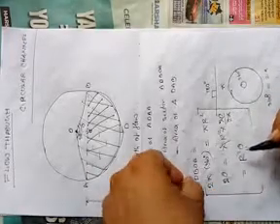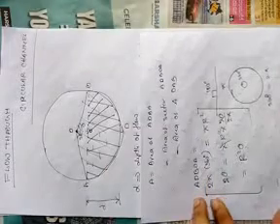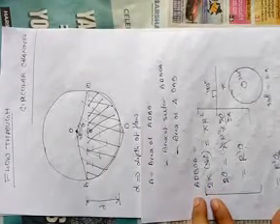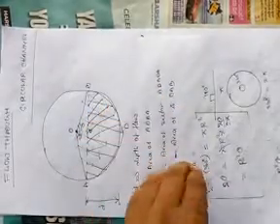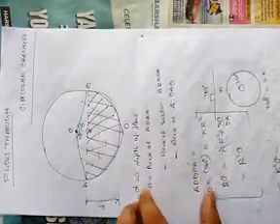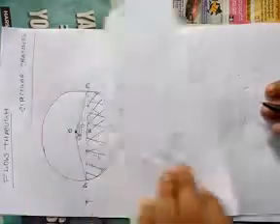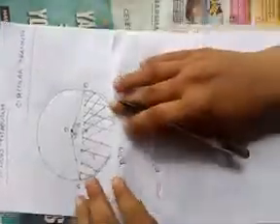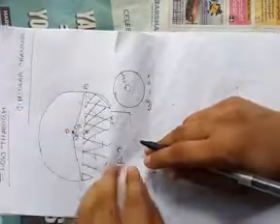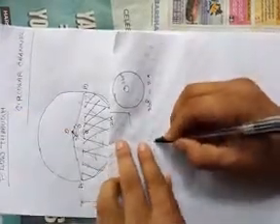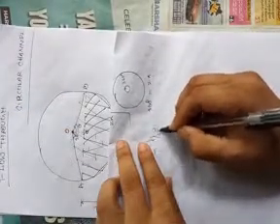So the area of ADBOA will become r square theta minus the area of the triangle OAB. So what is the area of the triangle OAB? See here, in OAB there is a triangle. The area of a triangle is half into base into height.